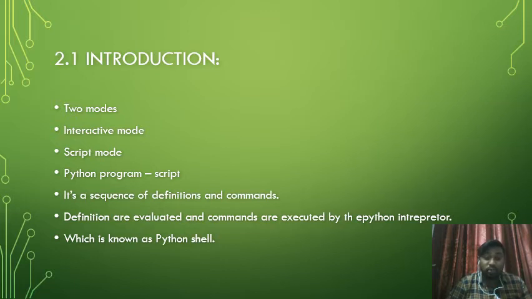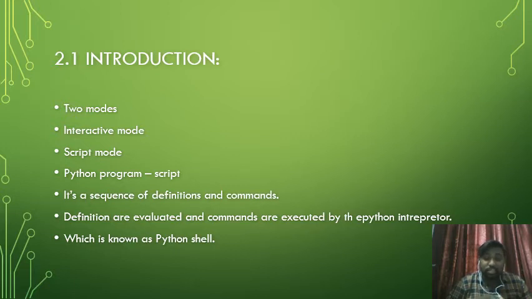So a Python program is a sequence of definitions and commands. The definitions are already predefined and built into the library, and the commands are given by us, the users. These definitions are evaluated and commands are executed by the Python interpreter. Whatever definitions we use from the library, and whatever commands we give, are processed, evaluated and checked by the interpreter. The interpreter is the checker which checks line by line.